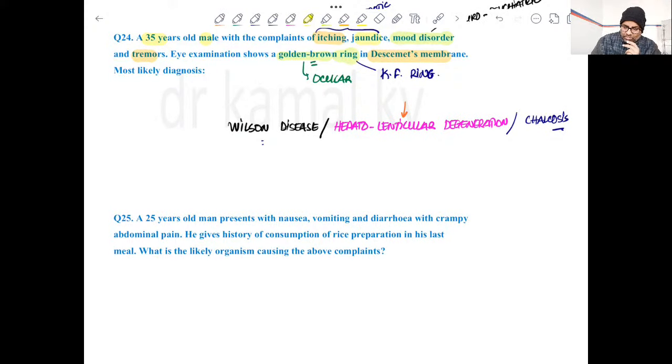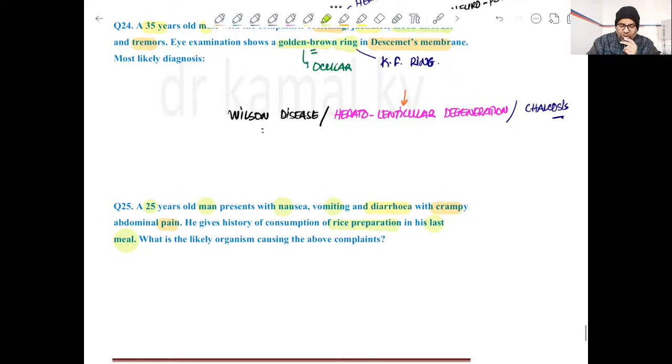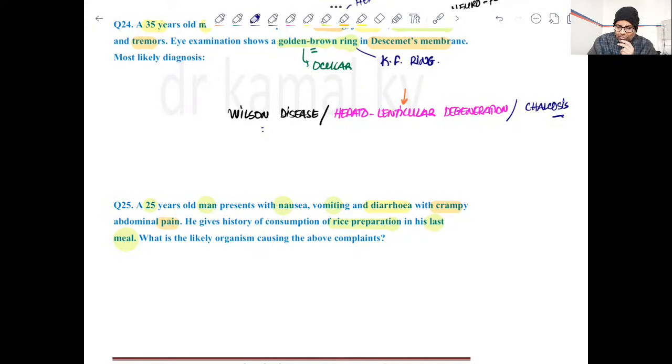Then moving forward, a 25 years old man presents with nausea, vomiting, diarrhea with crampy abdominal pain, and he says that he has taken rice in his last meal. Now, which organism can cause this kind of presentation, especially with an incubation period of 1 to 6 hours?